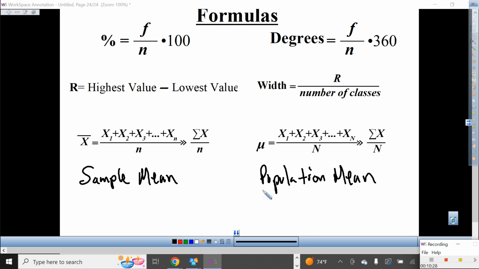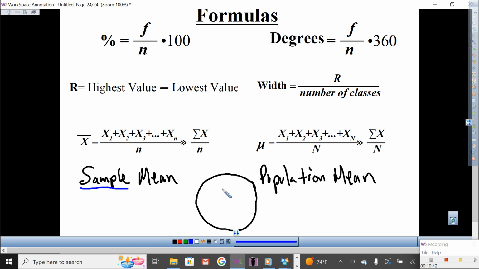Sample mean, population mean. Okay? So population is the entire population, yes? Whereas the sample is just a section of the entire population. So population is the entire population. The sample is only a part of it.